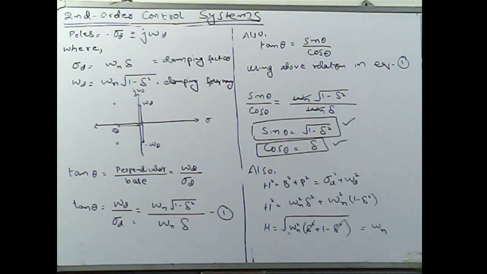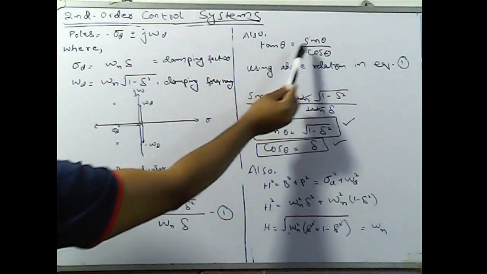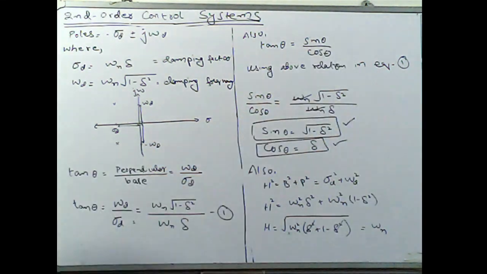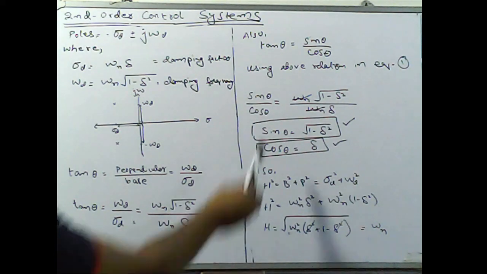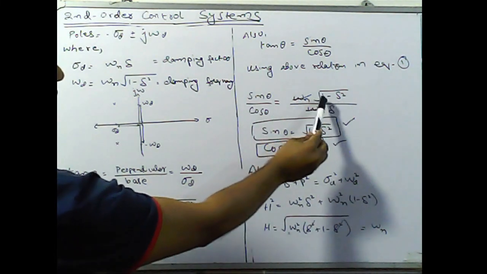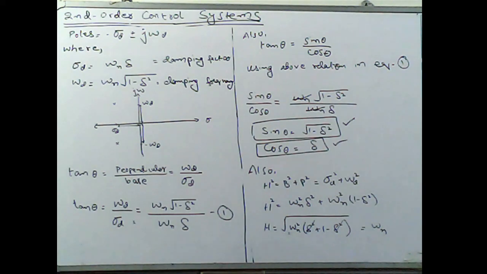Now we also know that tan theta is equal to sine theta upon cos theta. So let us put this tan theta definition into this equation. We can write equation 1 as sine theta upon cos theta is equal to omega n under root 1 minus zeta square divided by omega n zeta.